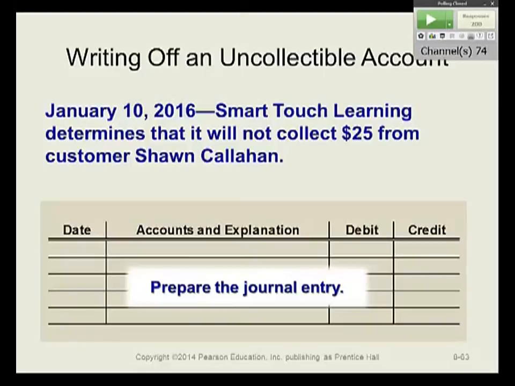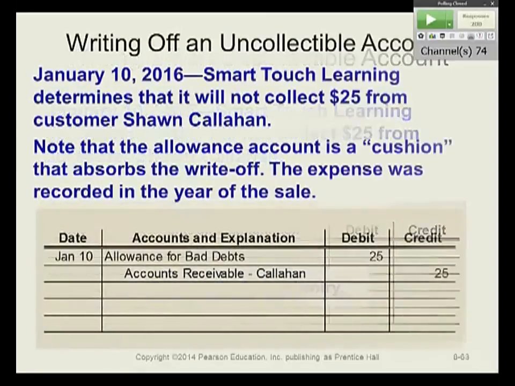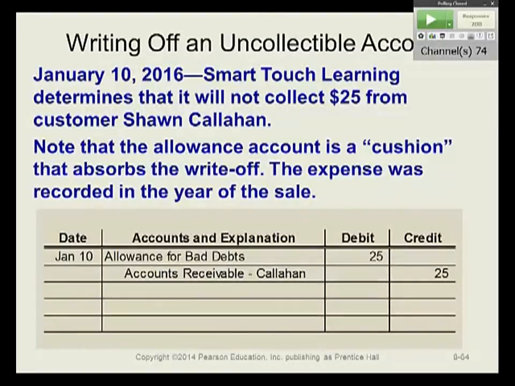This is not an estimate, this is an actual that has to come out of the subsidiary ledger as well as the general ledger. So the entry is going to be to debit the allowance for bad debts and credit the accounts receivable directly.